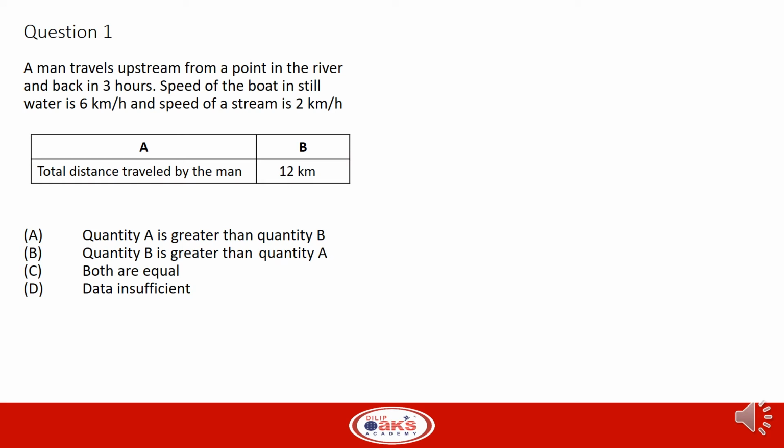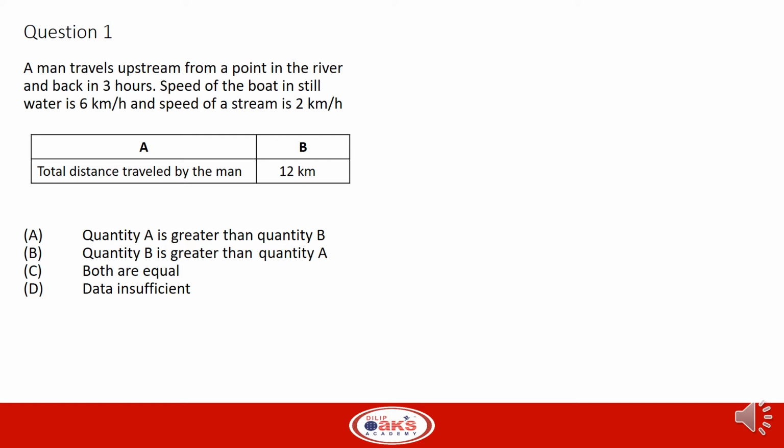Usually, for such questions, some information is supplied based on which we will compare two quantities, namely quantity A and quantity B. We will mark option A if quantity A is greater than quantity B. We will mark option B if quantity B is greater than quantity A. We will mark option C if both of them are equal, and we will mark option D if the relationship cannot be determined based on the given information.